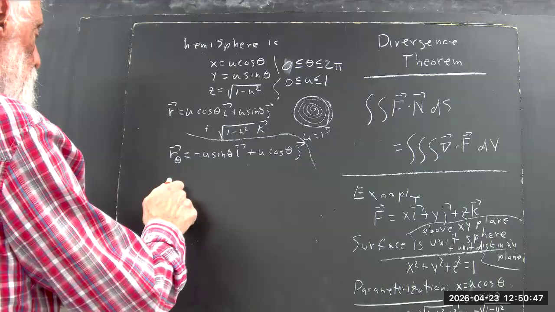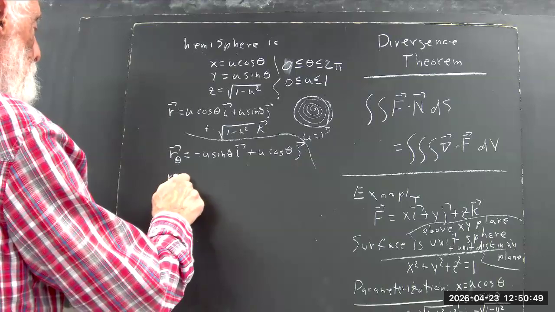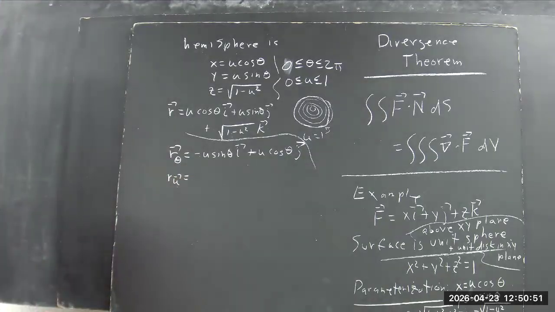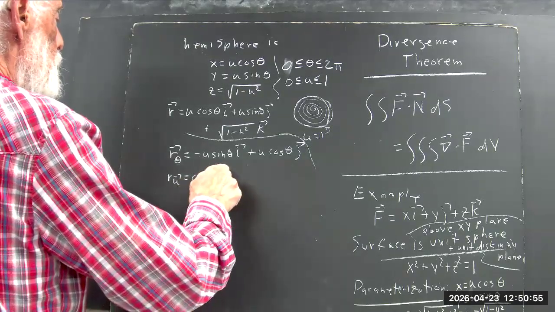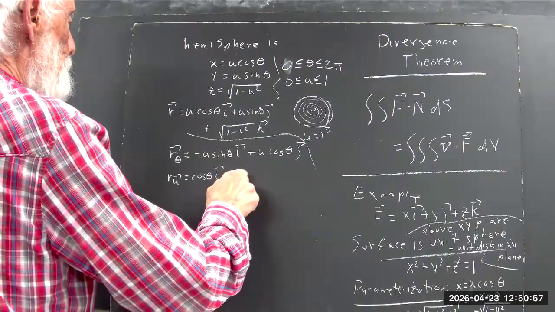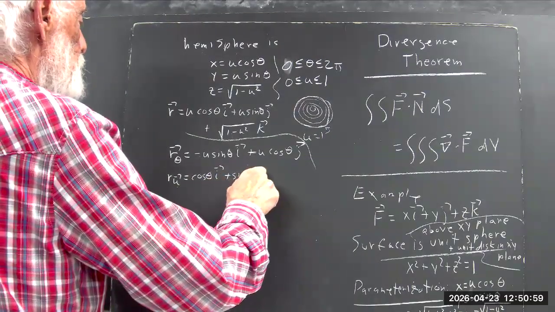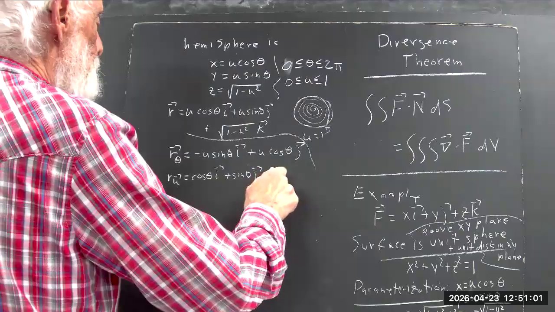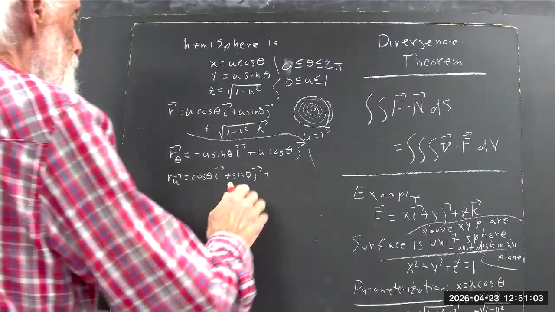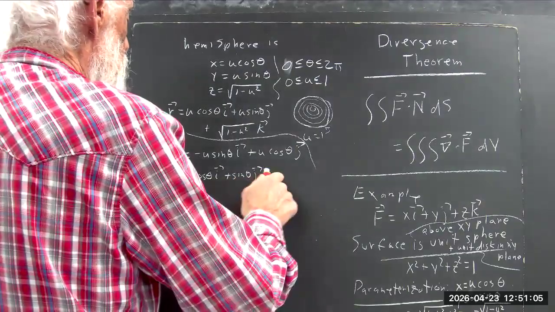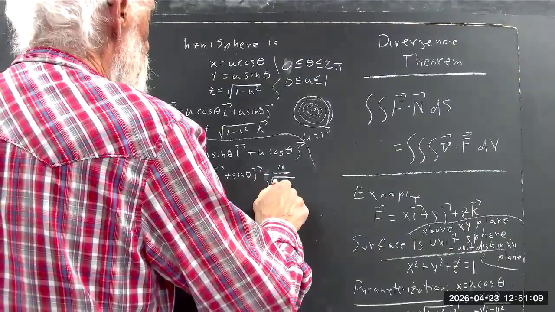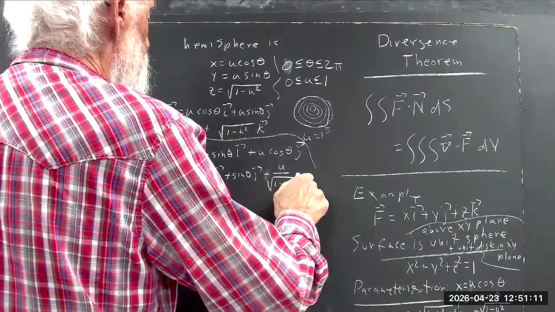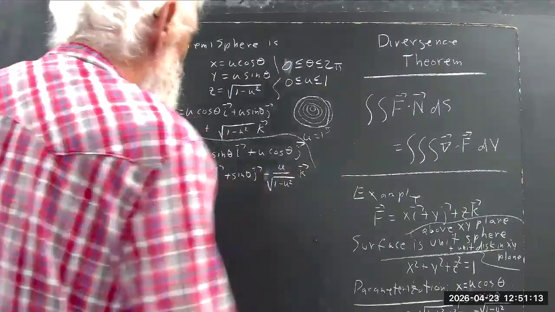For a given u, it's always the same. Then R u equals cosine theta i plus sine theta j plus, actually, it'll be minus u over the square root of 1 minus u squared times k.